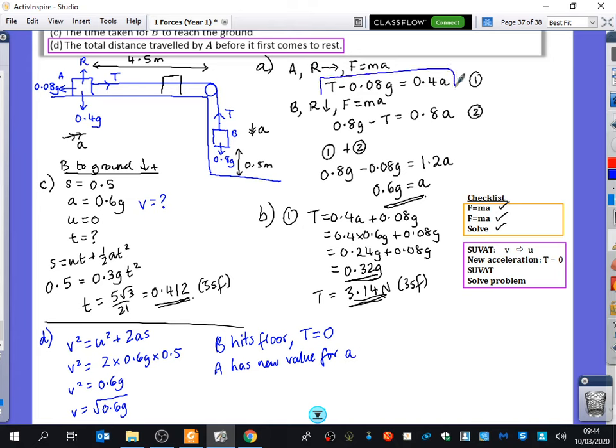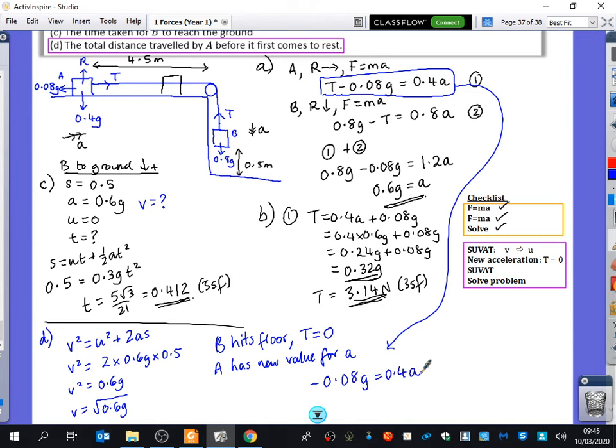So I'm going to steal this equation, and I'm going to take it down here, and I'm just going to say that t is equal to 0 now. Previously, we always ended up that the acceleration was minus 9.8, but it's not going to be like that here, because it's not free fall, it's on a table. So I'm going to replace t with 0. So I get minus 0.08g equals 0.4a.